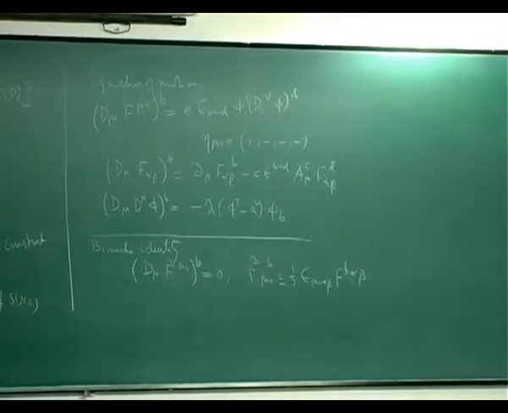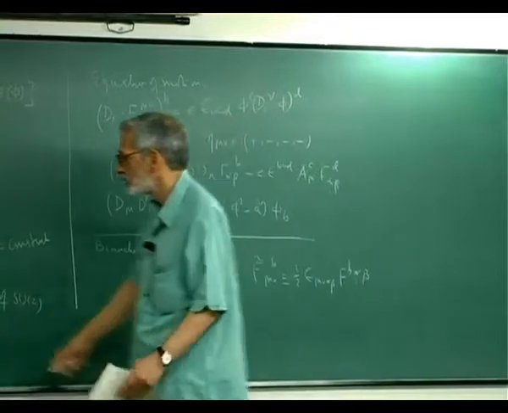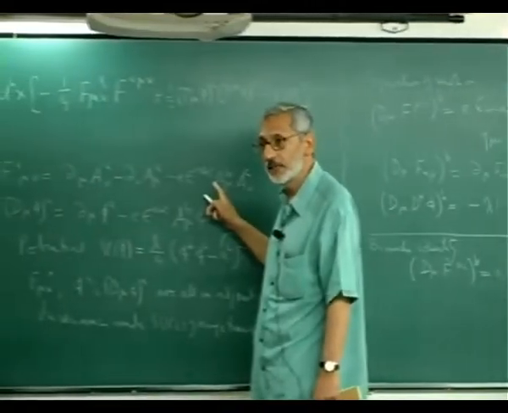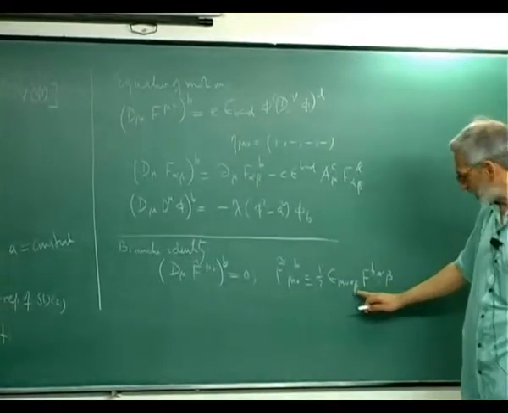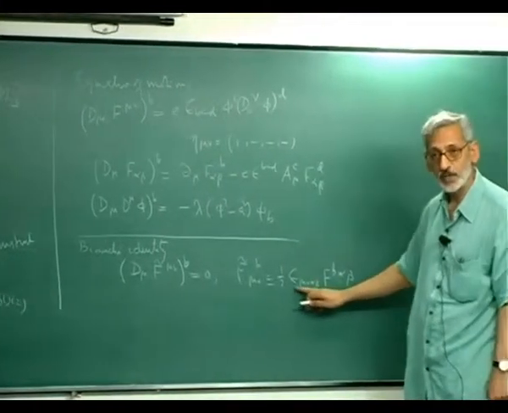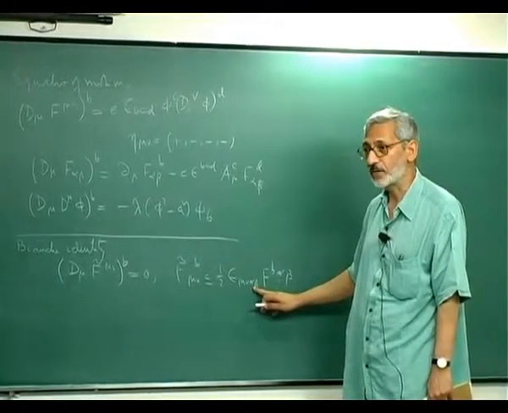And that's an identically true property, because we have defined f through this combination, and the dual of f by multiplying it by an epsilon mu nu alpha beta, which is a completely antisymmetric 4 tensor with values +1 or -1 or 0.